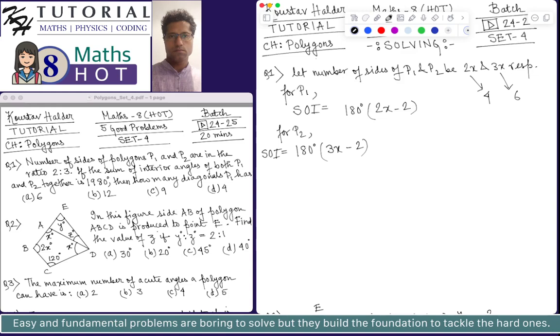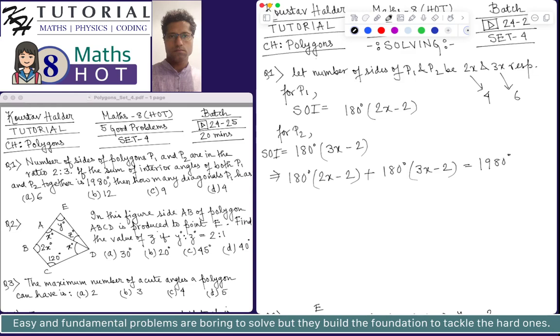Now it is given that the sum of the interior angles of P1 and P2 taken together is 1980 degrees. Hence, we must have 180 degrees multiplied by 2x minus 2 plus 180 degrees multiplied by 3x minus 2 is given to be equal to 1980 degrees.